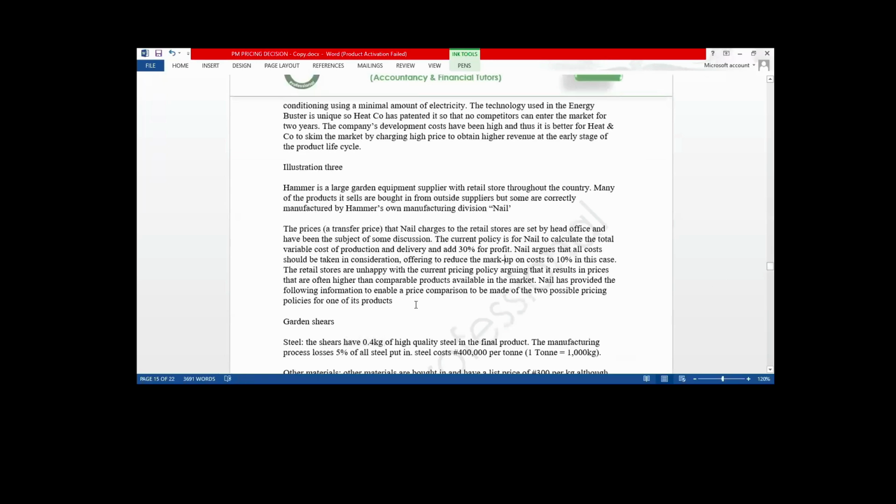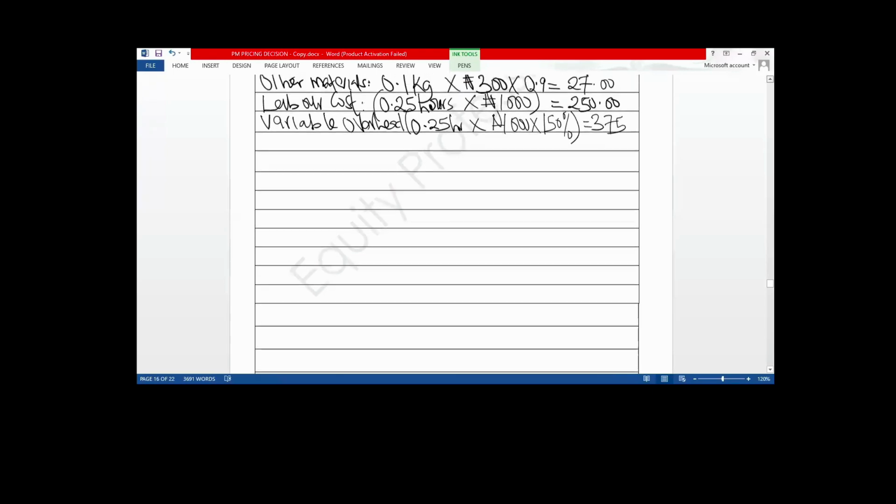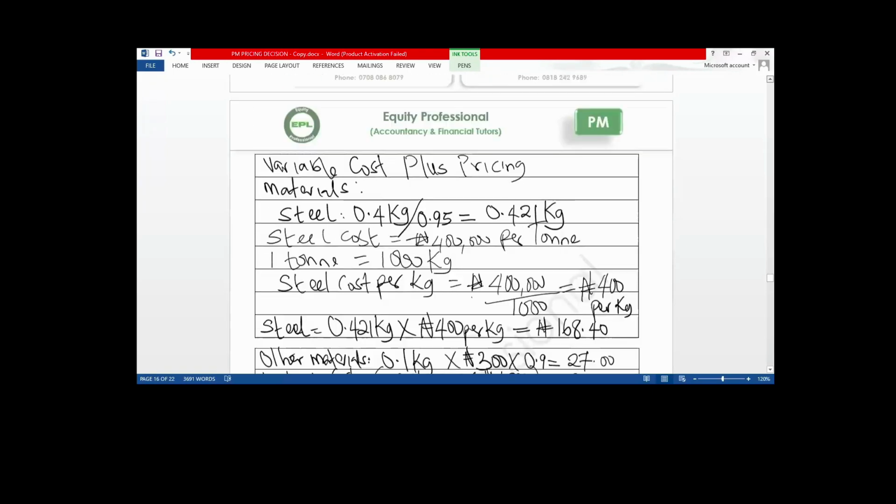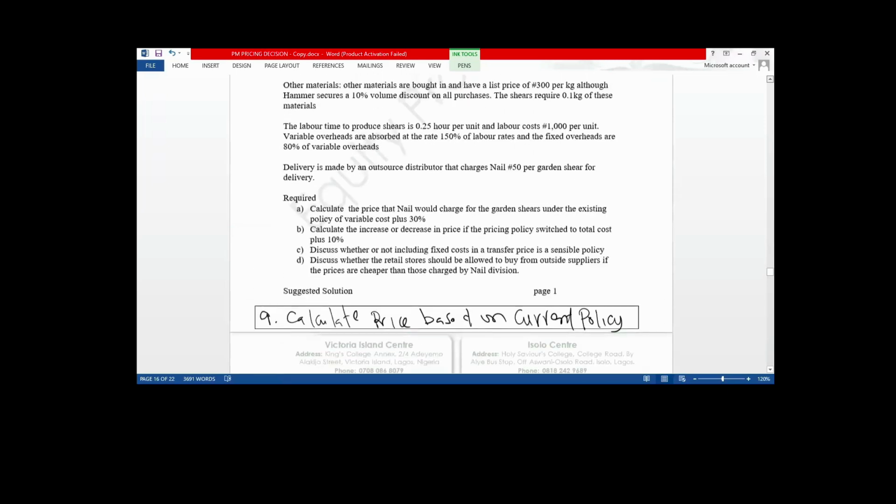Look at what the examiner says: the current policy is for NE to calculate the total variable cost of production and delivery and add 30% for profit. We have picked all the variable costs. Now let's pick our delivery cost. What is the delivery cost in this question? 15 naira per shade. Thank you.